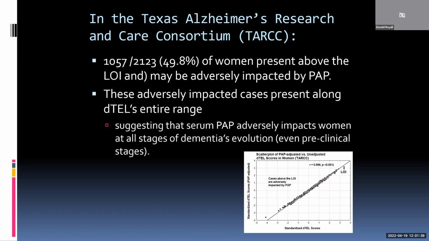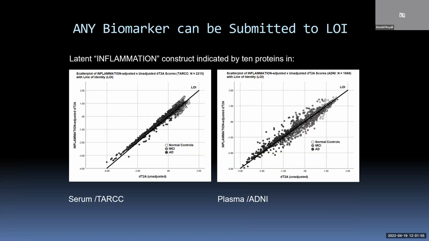And we can now distinguish which fraction of all women those women are, and now recruit them into a clinical trial that would modulate serum PAP and try to improve their conversion risk if they're not demented, or their dementia severity if they are. And you can do this for any biomarker. This is the same analysis applied to a latent inflammation construct that is itself a latent variable indicated by 10 serum proteins, or in the case of ADNI, plasma proteins.